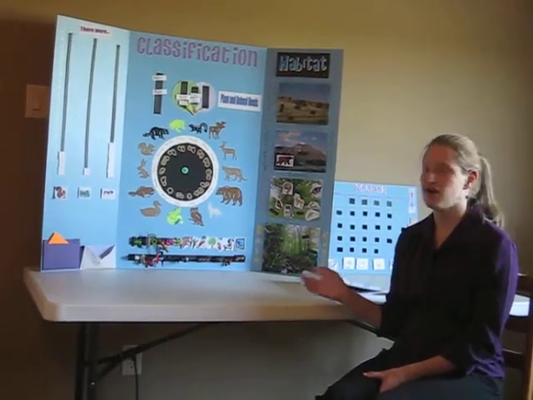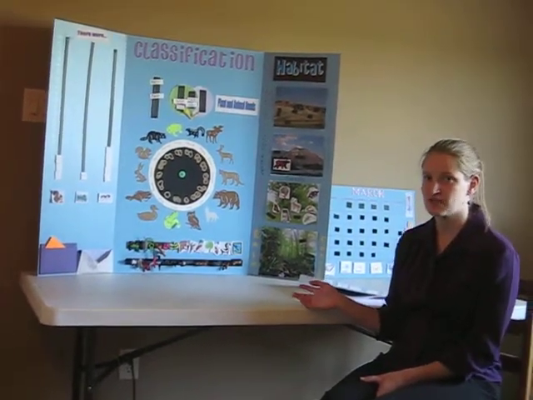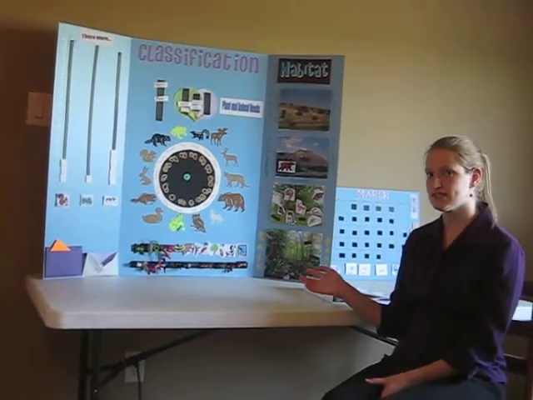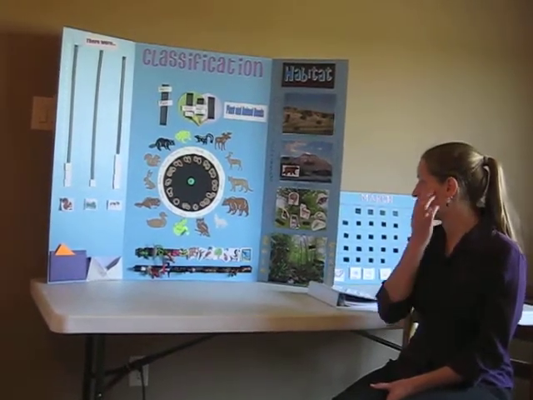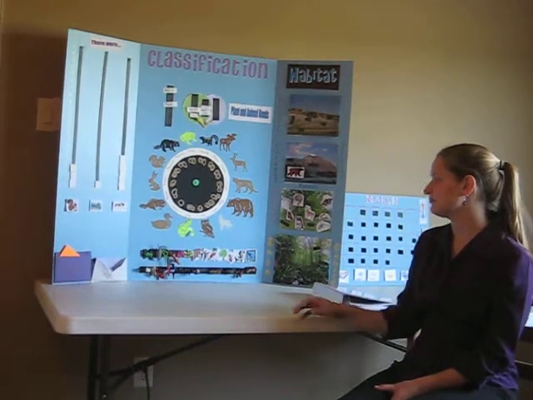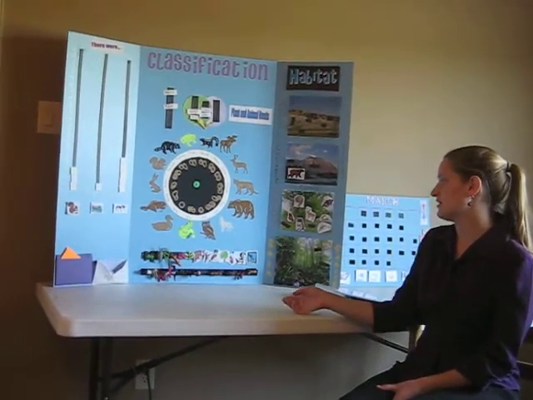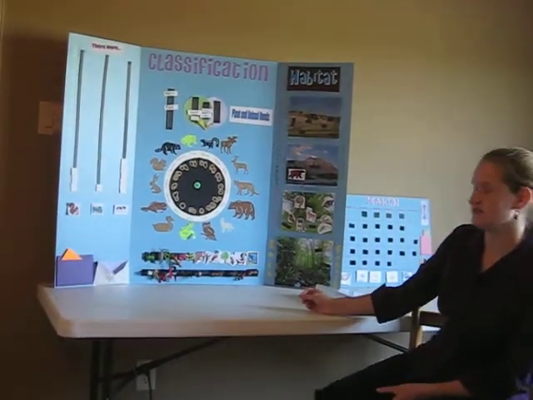So there are quite a few things on this interactive bulletin board. The first thing is that there's a magnetic strip on the bottom of the bulletin board for the animals, the different types of animals.